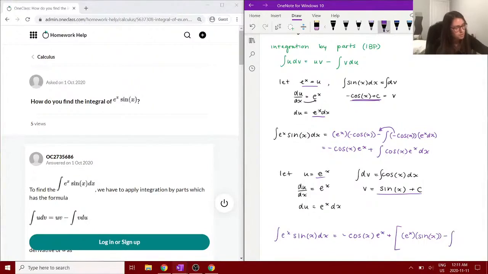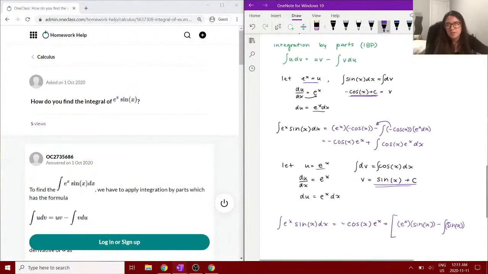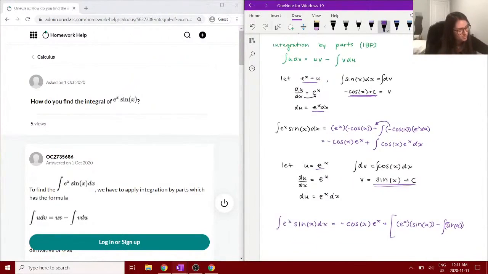And then the integral of v, that's the sine x, times du. Okay, du was e to the x dx. All right, close that big bracket there.